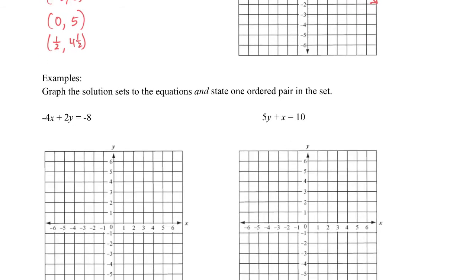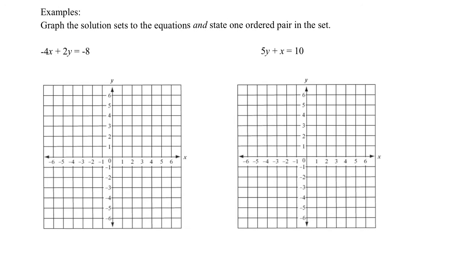Now that we understand that lines are pictures of solutions. Okay, well, you have been graphing lines for a long time. And remember that what we want to do is we want to take this equation and we want to get it into y equals mx plus b form.